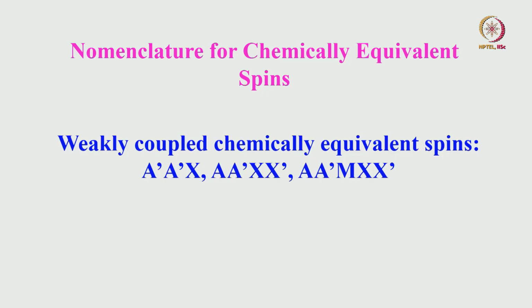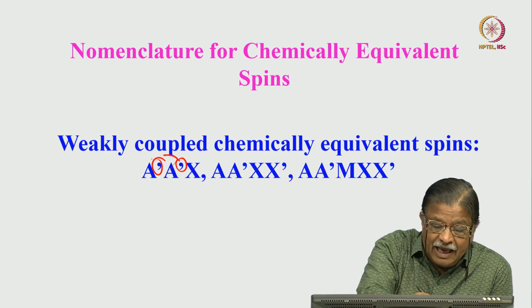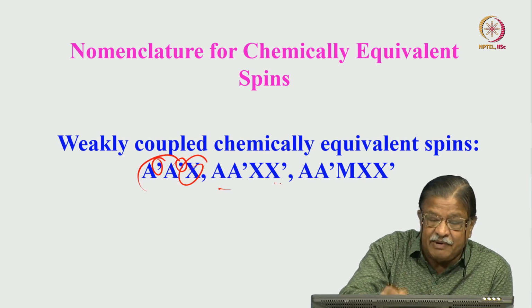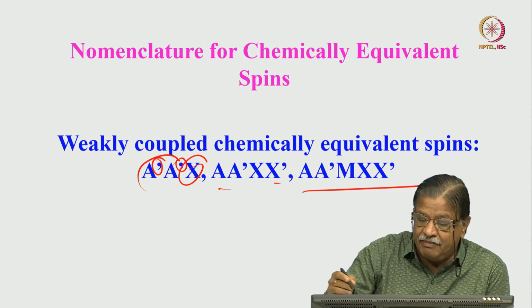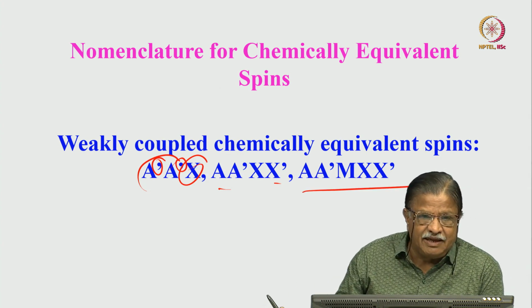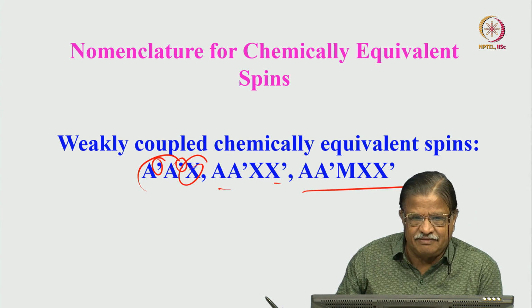For example, the nomenclature for weakly coupled spins is given like this. A prime notation is always used for chemically equivalent spins. Again in the weakly coupled case, A prime X is given, A prime X X prime is given, A prime M M prime X X prime, like that. What is the nomenclature for this?